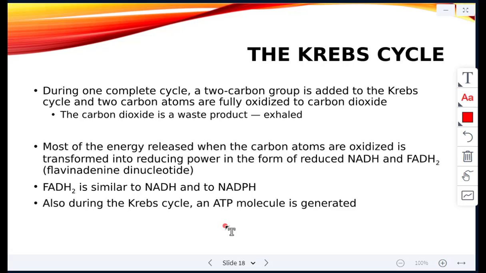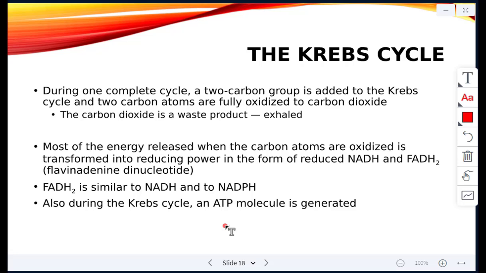So during one complete cycle, a 2-carbon group gets added to the Krebs cycle, and the 2 carbon atoms get fully oxidized to carbon dioxide. And that's the waste product that we exhale when we are breathing. We are exhaling that carbon dioxide.